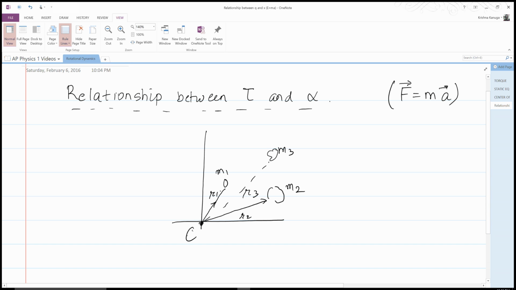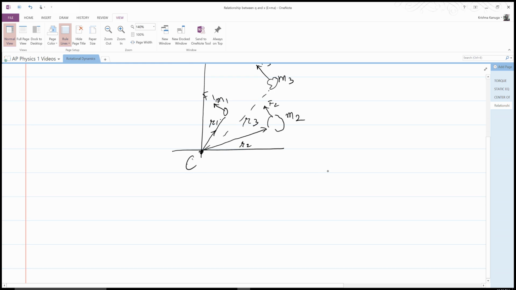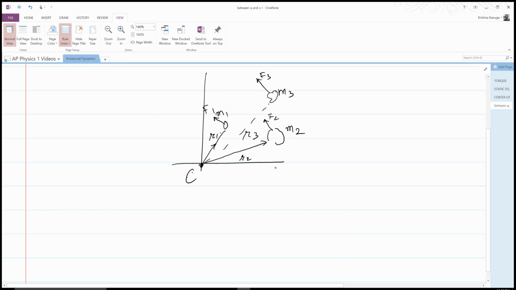Okay, and these things are all experiencing some forces F1, F2, say F3. Let's assume that this is simply moving in a circle and these forces are all perpendicular to the radii, and what this tells us is that the net torque on the object is going to be equal to the sum of the torques due to each of the forces.